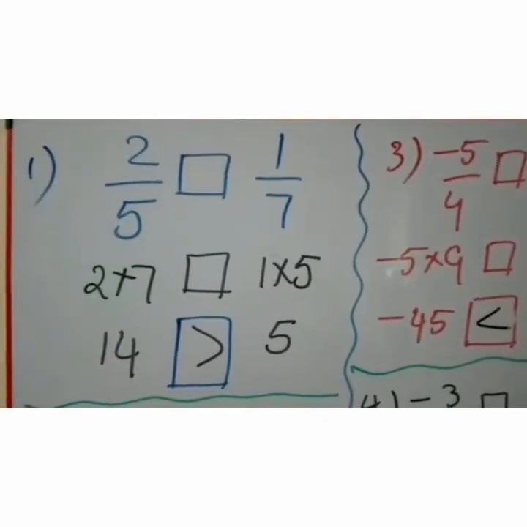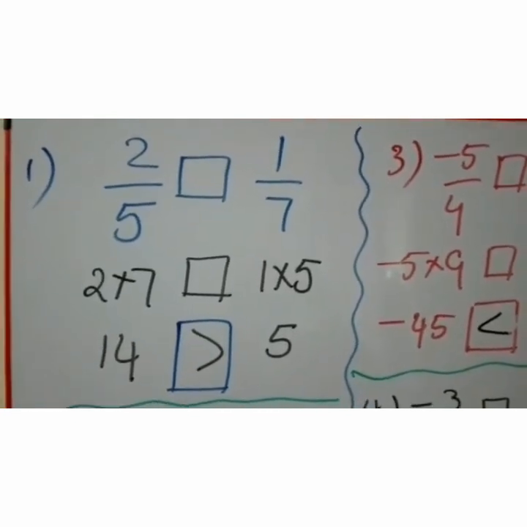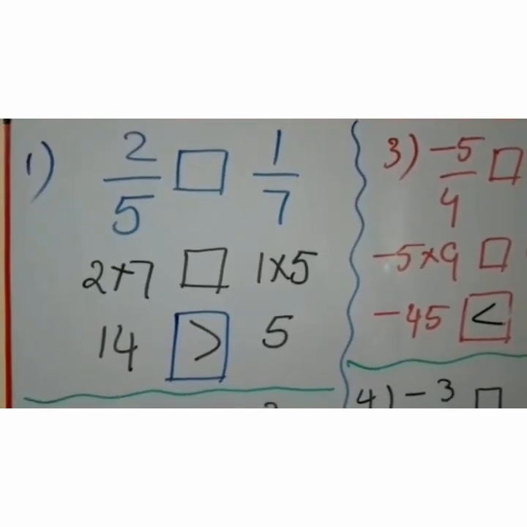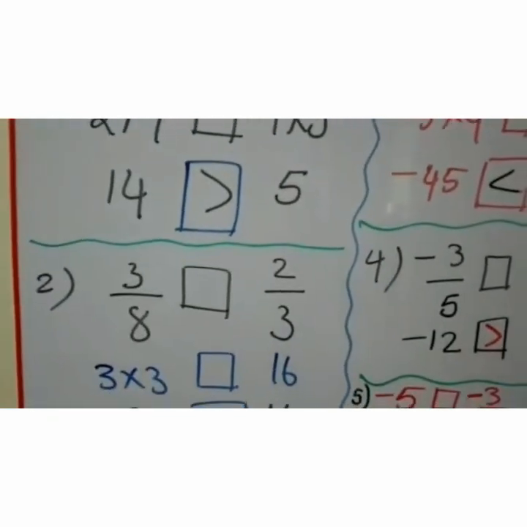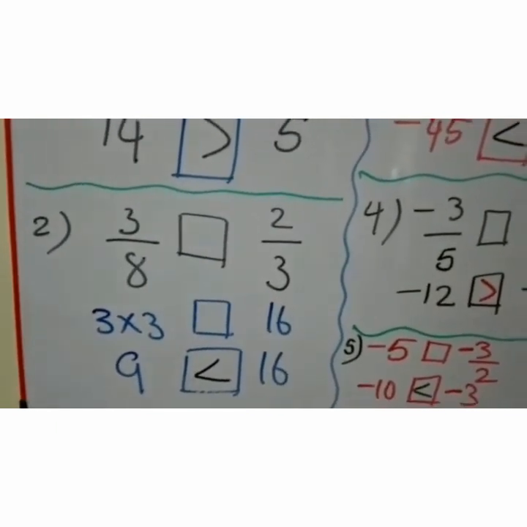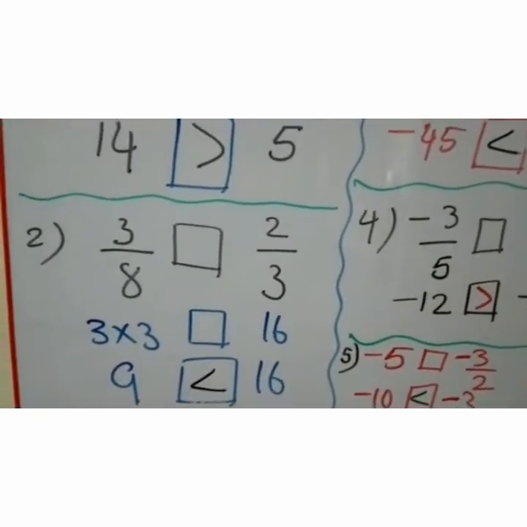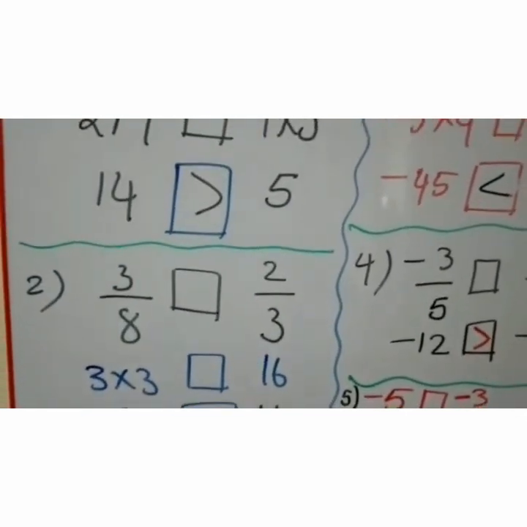In the examples 2 by 5 and 1 by 7, when you compare, 14 is greater than 5. In the second example 3 by 8 and 2 by 5, cross multiplication and compare, 9 is less than 16. So in that case 3 by 8 is less than 2 by 5.